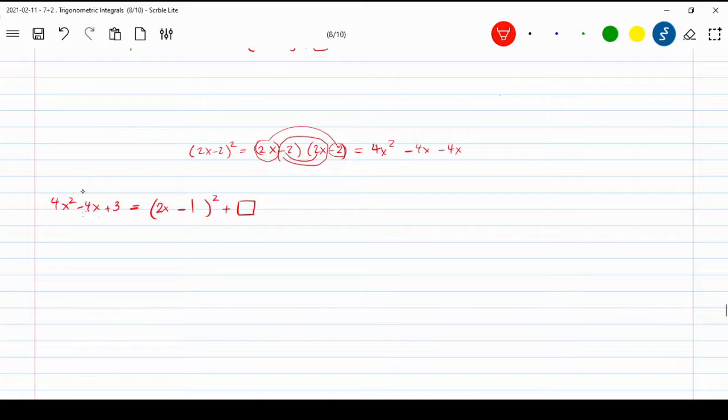If you divide, let me write this, this is a, b, and c. The square root of a shows up here. That constant that you're looking for is b divided by this number and then divided by 2. So this -4 divided by 2 will give you -2.